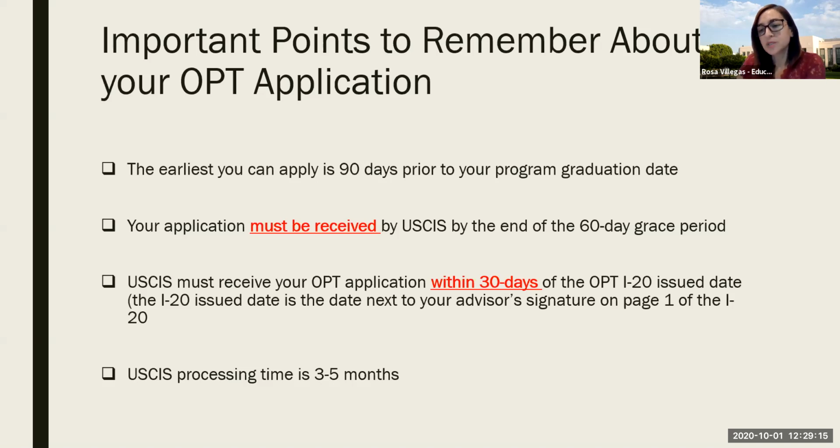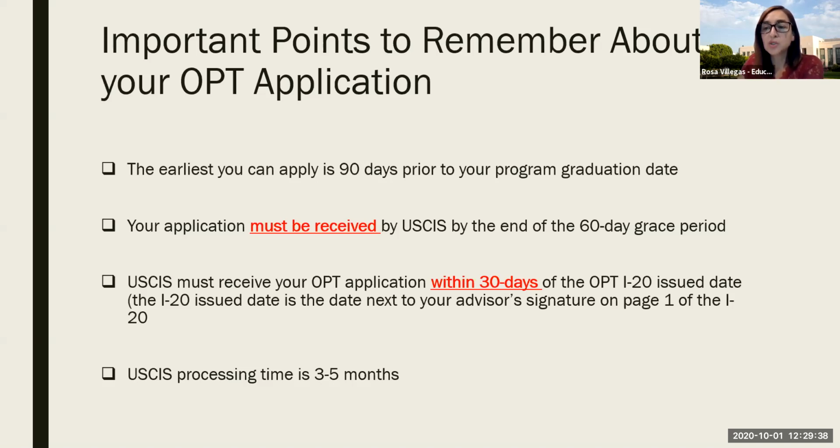If for some reason you delay and you didn't mail it in, and it's the 25th day, just to be on the safe side, I would say contact the advisor that issued the I-20, say, hey, for some reason I didn't mail my OPT packet and it's already gonna be almost 30 days. Can you give me a new I-20?